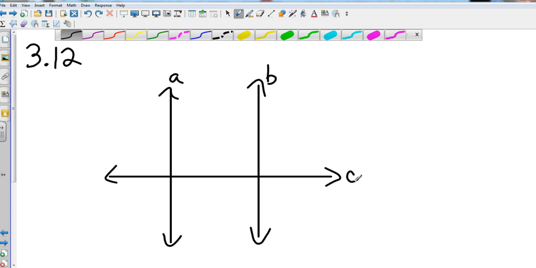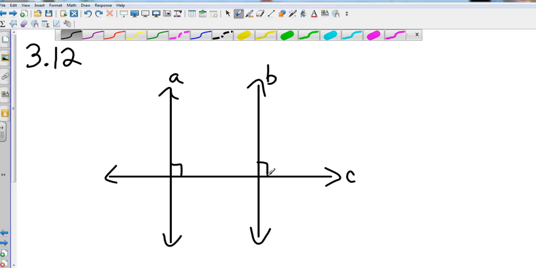And so the two lines are perpendicular to the same line. So if they're both perpendicular to the transversal, then that means that they are parallel to each other.